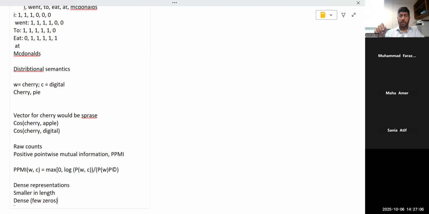If the vector size is smaller, then you will have to learn fewer parameters. So all of these are benefits of dense representations. And also if you have learned this dense representation in a much more sophisticated way, it will be able to capture more information regarding those words. So that is the one that we are going to discuss next.